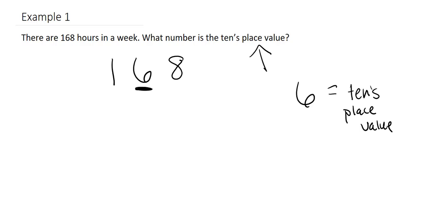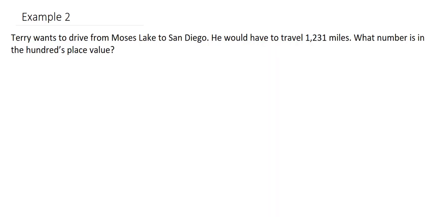Now, let's do another example. Example 2. Terry wants to drive from Moses Lake to San Diego. He would have to travel 1,231 miles. What number is in the hundreds place value? Let's rewrite this.